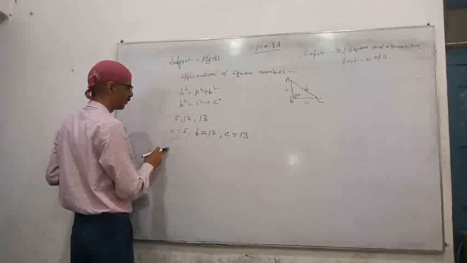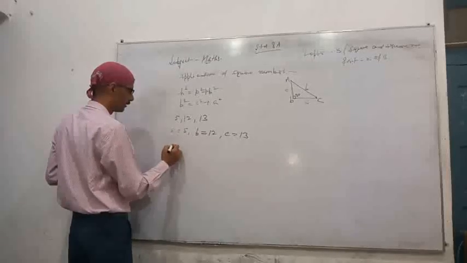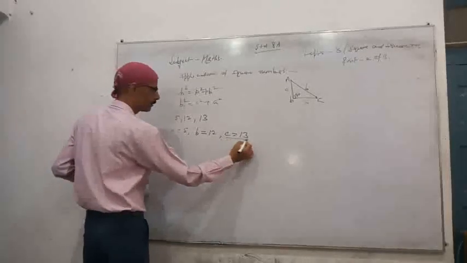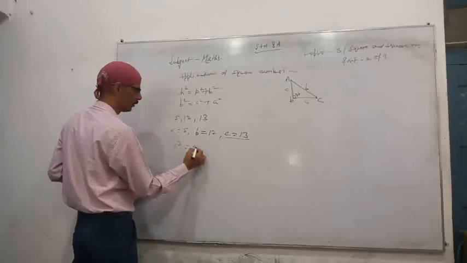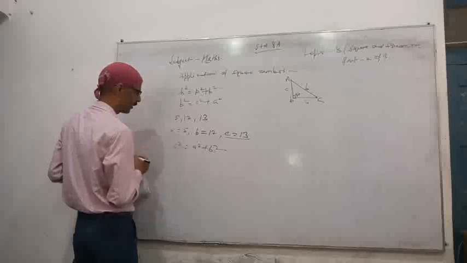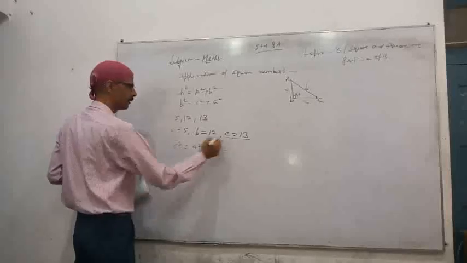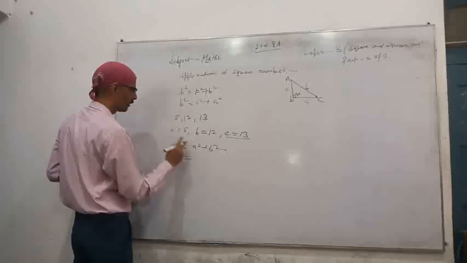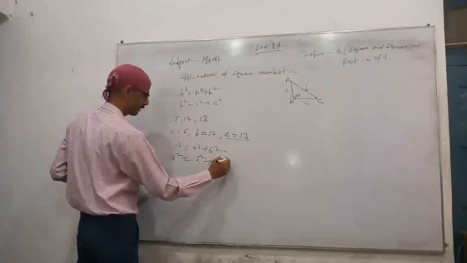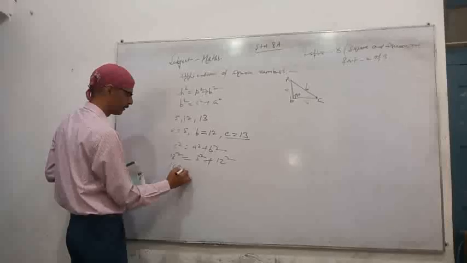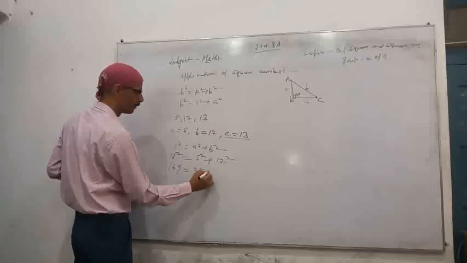So by Pythagoras theorem you can write C squared is equal to A squared plus B squared. Therefore C is 13 squared, A is 5 squared, B is 12 squared: 13 squared is 169, 25, 144.